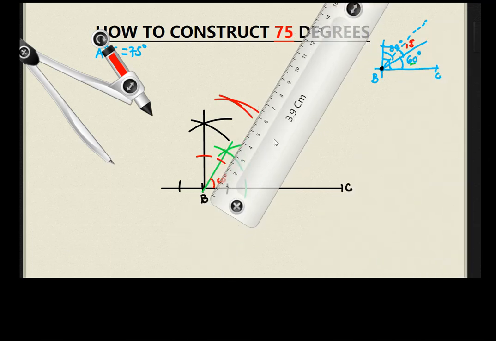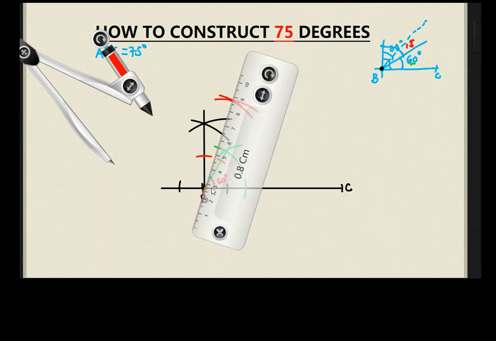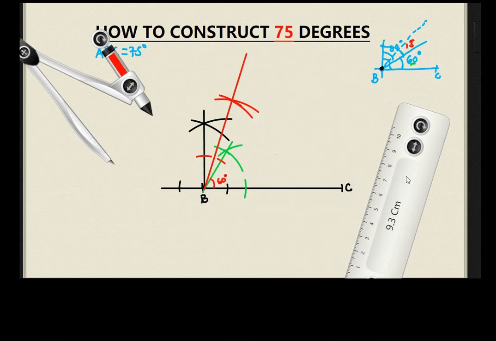Then now we can draw the line from this point and we join like that. The angle that is formed here is now 75 degrees. That will be our point A.